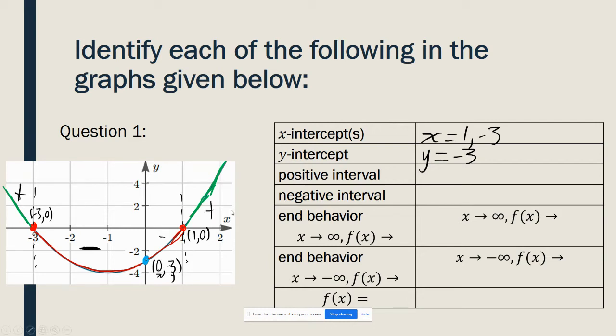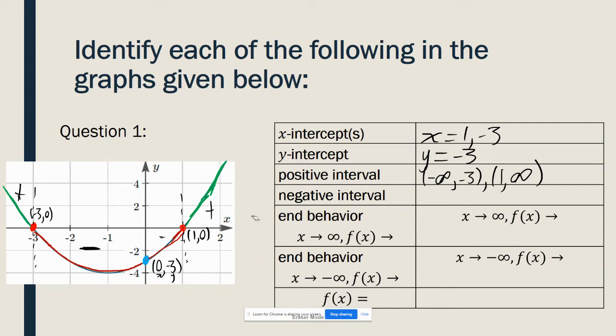So the graph is positive from -infinity up to -3, and positive again from 1 all the way up to positive infinity.